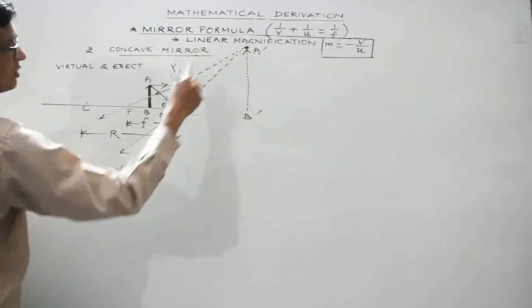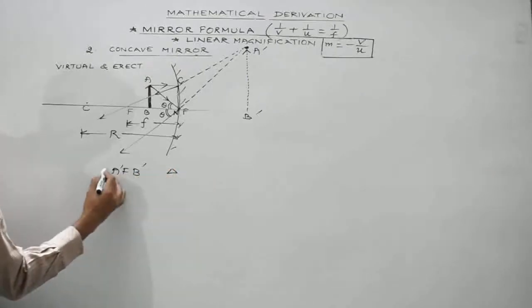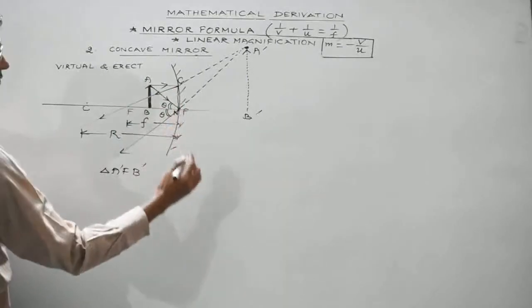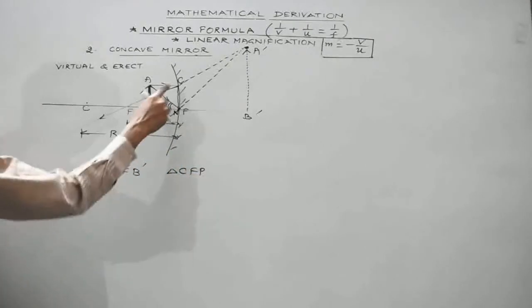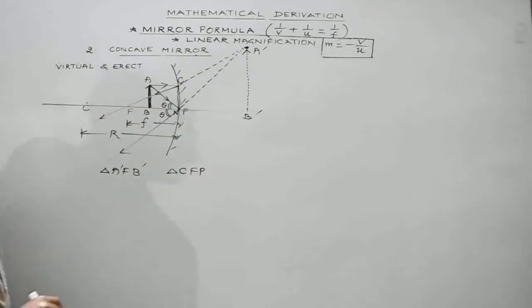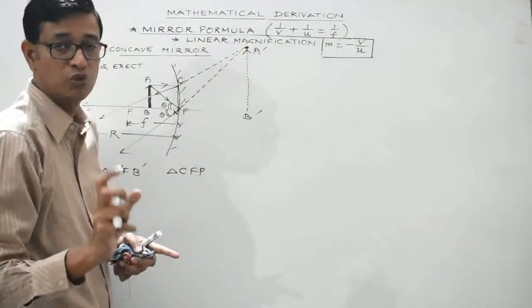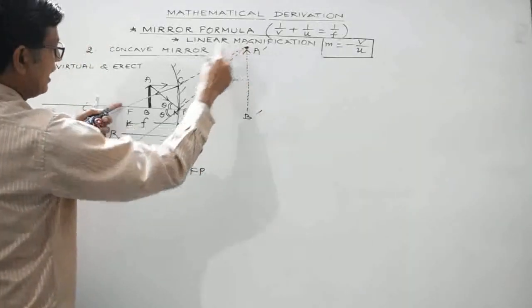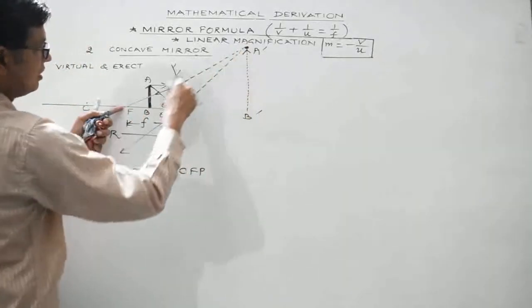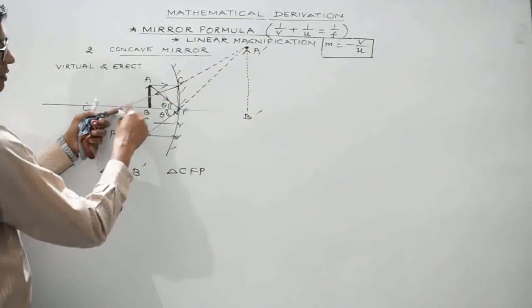And consider this triangle, this one, the smaller one, triangle CFN or P, it's the same thing. CFP. Again I'm repeating, consider these two triangles. Triangles must be chosen very, very judiciously, right? So consider these two triangles, A dash, F, B dash, this bigger one, and the smaller one, CFP.